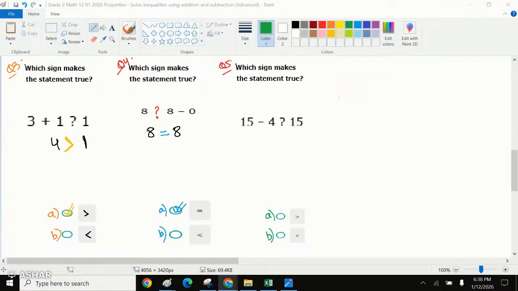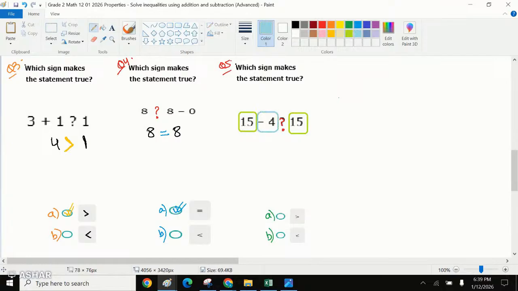What is 15 minus 4? Can we have the answer for that? 15 minus 4 would be equal to... See, sometimes we do not even have to solve the question. What we can see is this is 15 and this is 15, right? But on the other hand, in this same question, you're subtracting something from the 15, right?